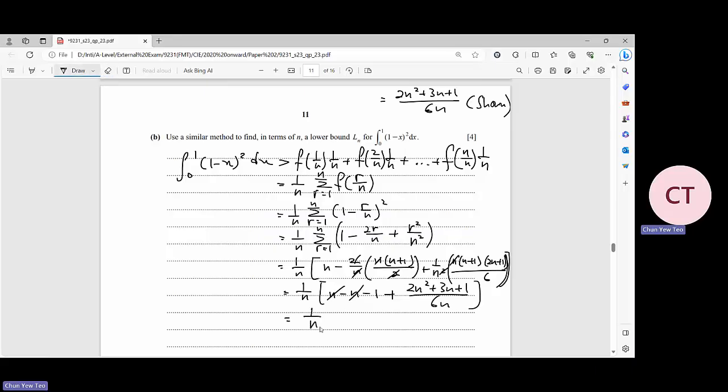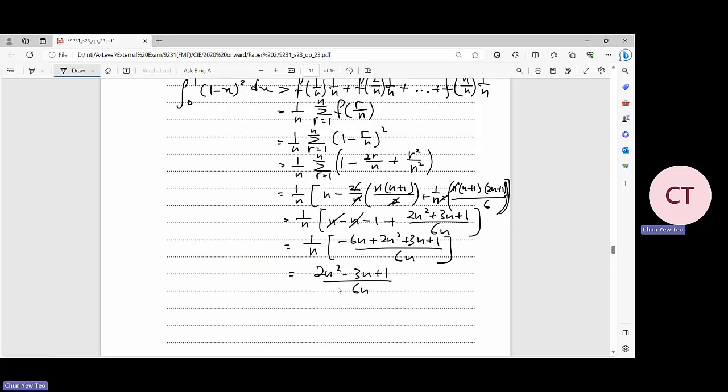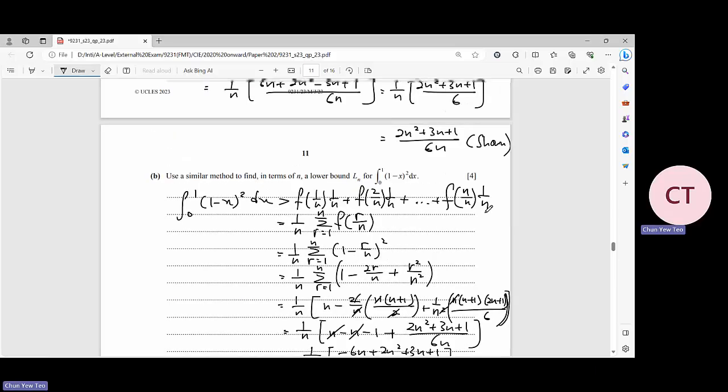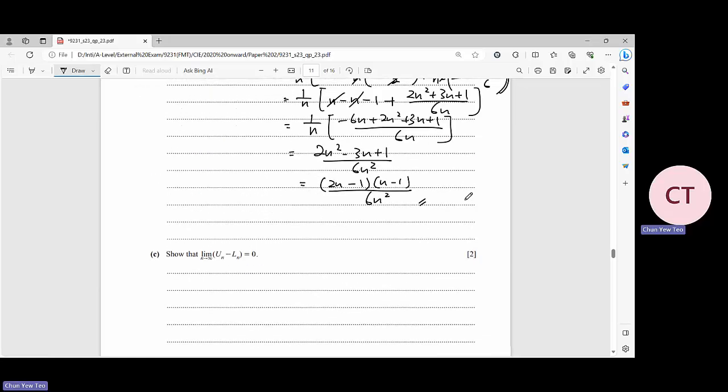So this one, it will be 1 over n, negative 6n plus the 2n squared plus 3n plus 1 over the 6n. So now if we join it together, we almost get the answer. So you get this one as the 2n squared minus the 3n plus 1 over the 6n squared. And you can actually factorize them, become 2n minus 1, n minus 1, and 6n squared. So that will be the answer for the part B, the lower bound. Okay, that will be the lower bound. Then move on.